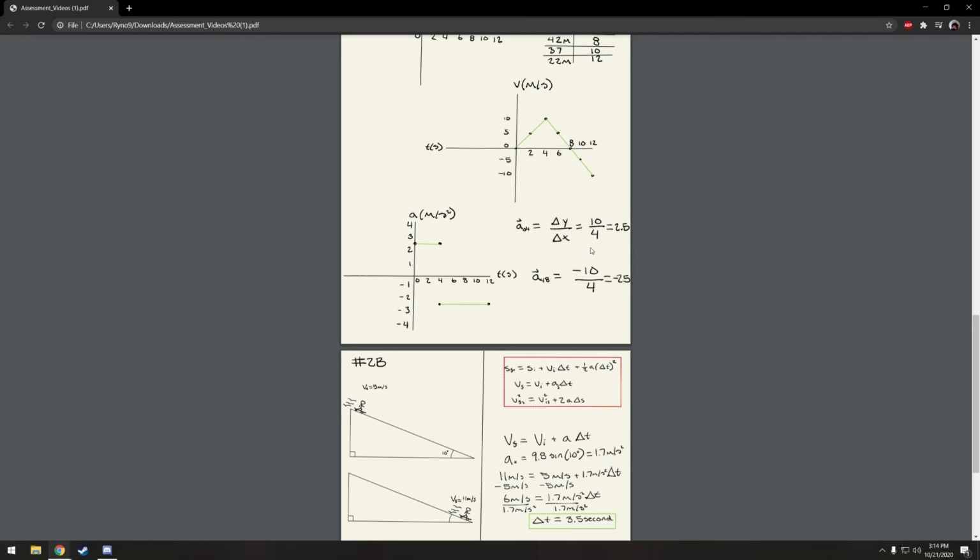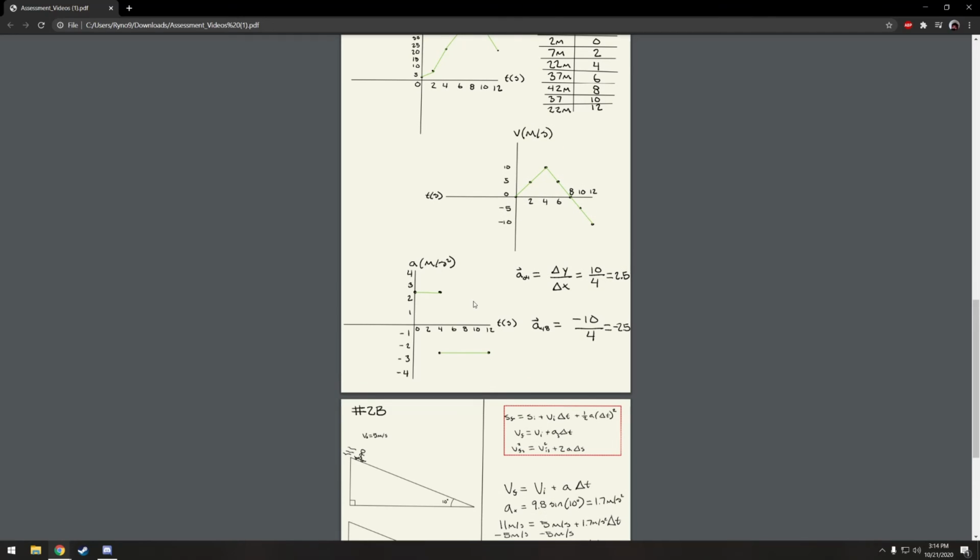So the difference is -10 over the change in time, which is going up by 2 for each tick. So that's going to be 4. And you get a -2.5 acceleration. And that remains constant from 4 to 12 seconds. And it's shown below.